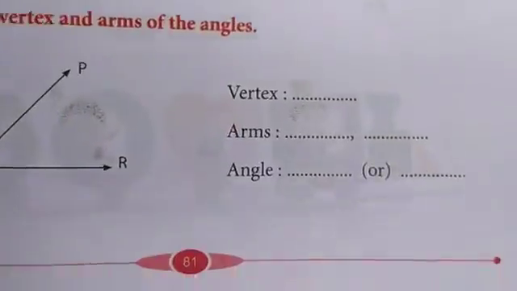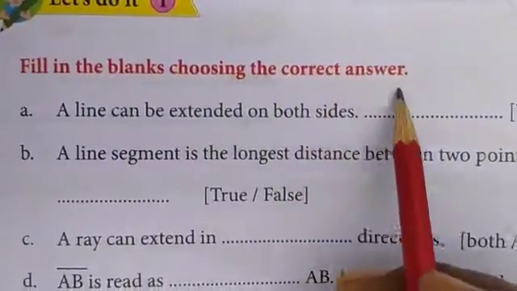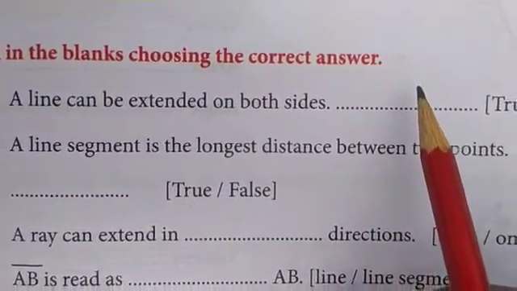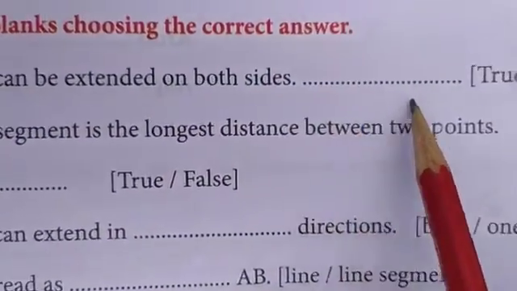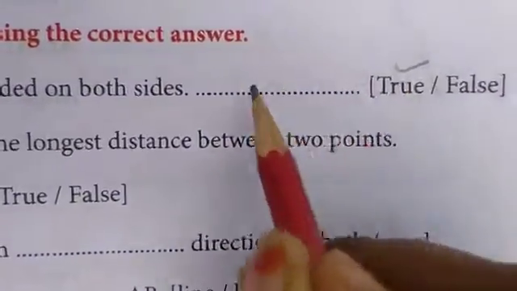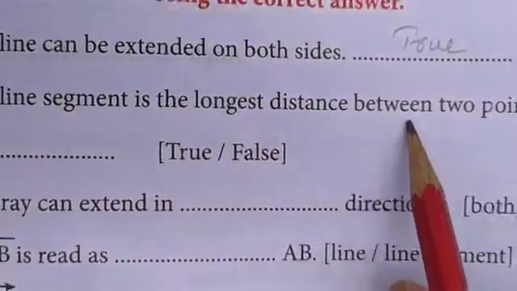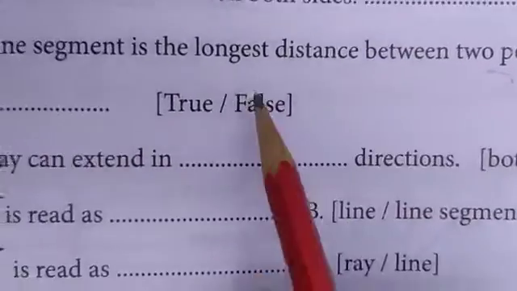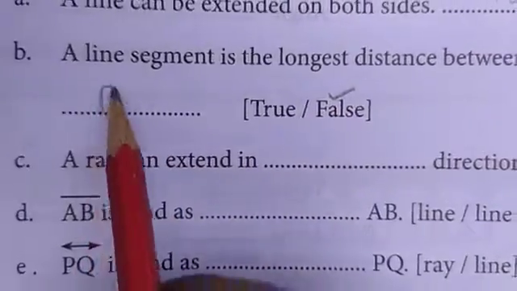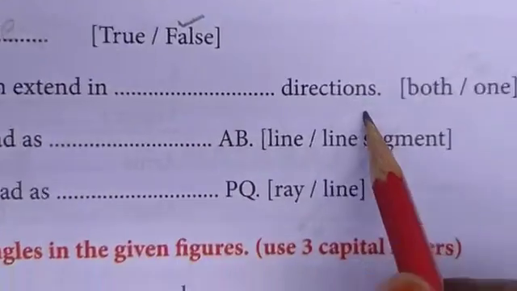Now on page 81 we have the exercise. First one is fill in the blanks choosing the correct answers. First, a line can be extended on both sides. True, write true here. A line segment is the longest distance between 2 points. False, it is the shortest distance. A ray can extend in dash directions.